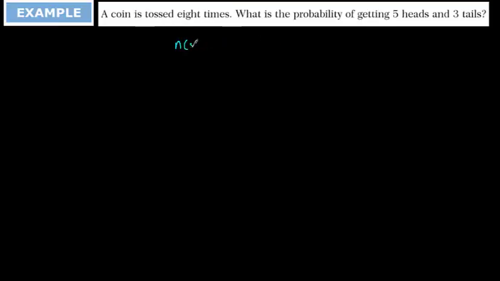So in the sample space, there are 2 to the power of 8 possible cases, because when we count the H and T, there are 2 different ways here, 2 here, and so on, totally 8 times. The 2 possible cases happen together, so 2 to the power of 8 different results in this sample space.